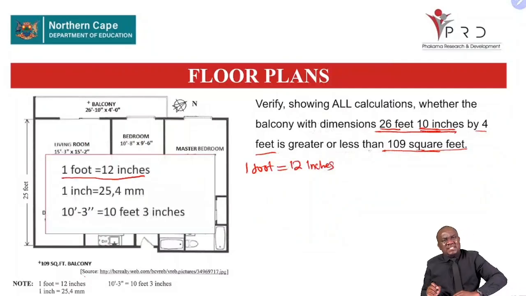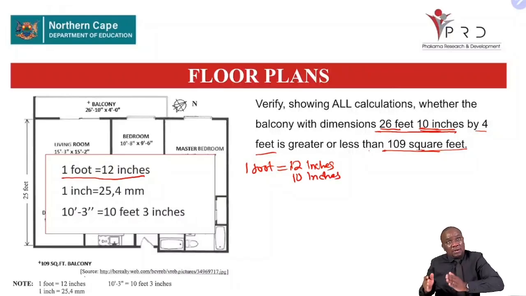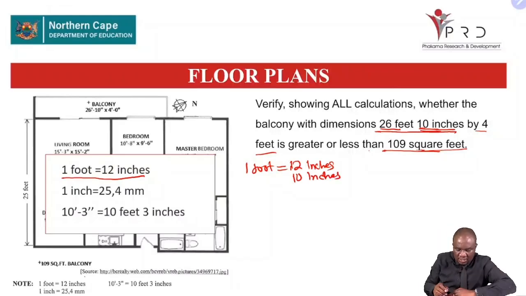So what about 10 inches? How many feet? I'm writing inches on their own side and feet on their own side, and let's say F for feet. We can divide both sides by 12 so that we can get 1 inch.